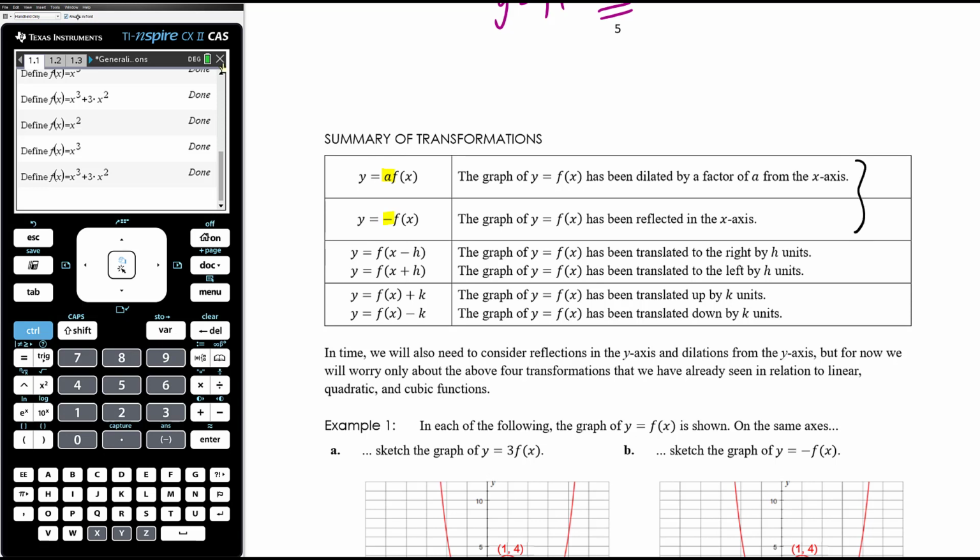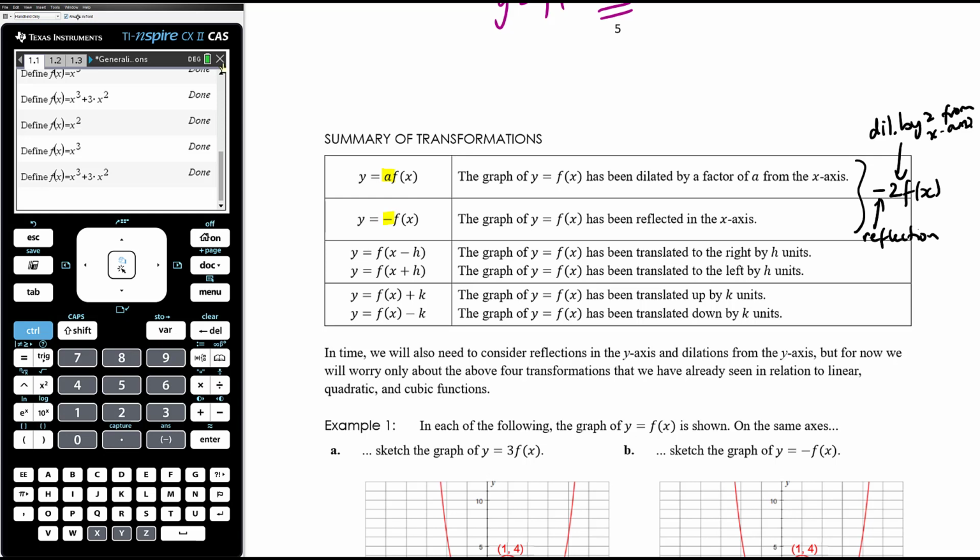We should note here that if we were to, for example, have negative 2 times f of x, that would be the reflection in the x-axis, and that would be the dilation by 2 from the x-axis. Okay, so there's two things happening if a is a negative value other than 1.